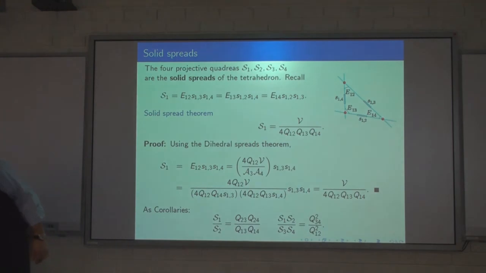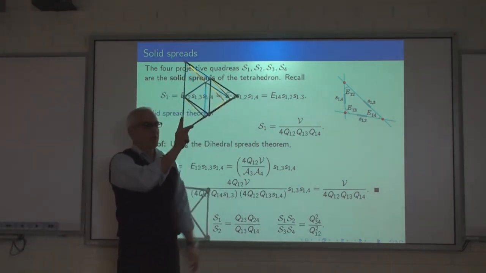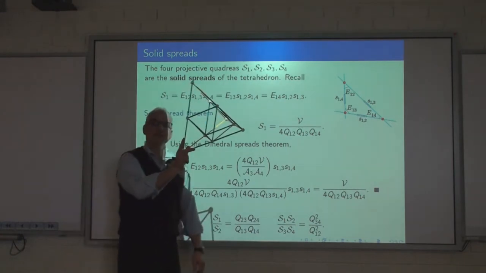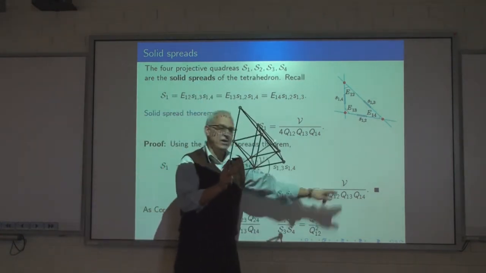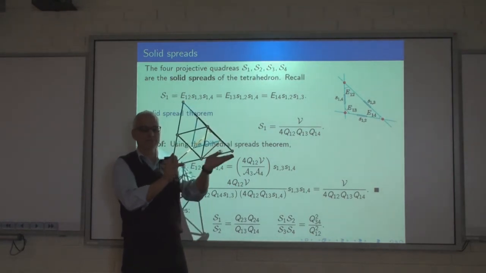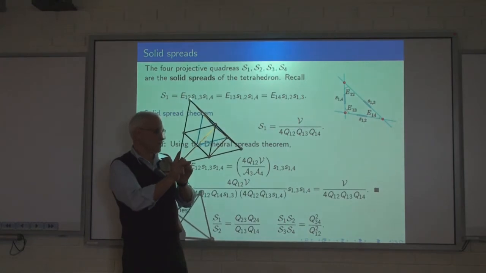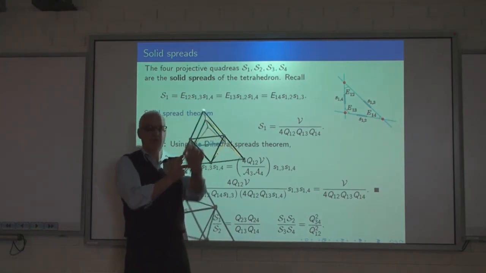So what this is telling us is another interpretation of what the solid spread is. The solid spread can be thought of as the V, which is essentially a determinant, divided by the product of these quadrances.